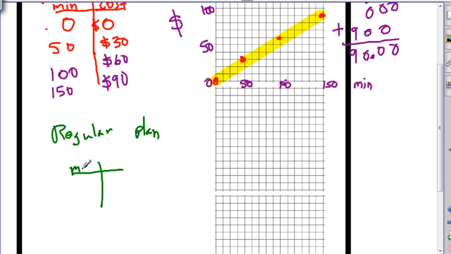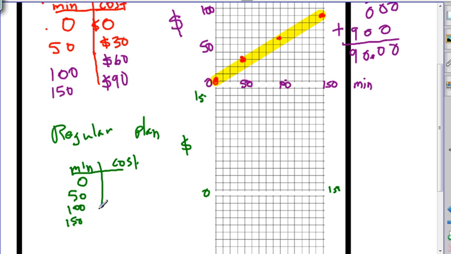Minutes and cost. And can you guys number it? The same thing right here. So there'll be a dollar bill sign, and it's going to start from 0 all the way to 150 and count off by 50, okay? To keep this simple too, can you guys put a 0, a 50, a 100, and a 150 right here?